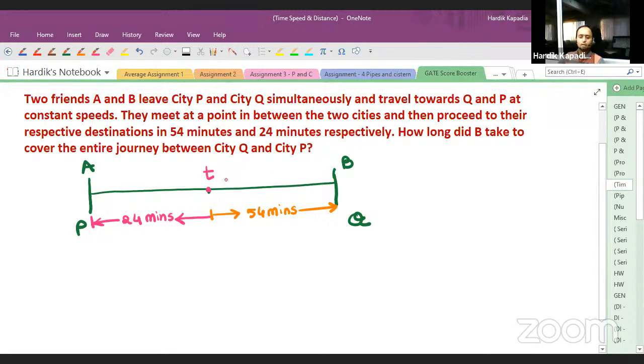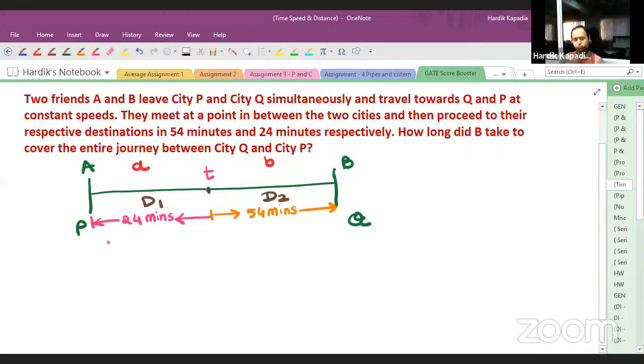After meeting each other, A is going to cover, suppose say for this, I'll say D1, I'll use another pen. This is D1 distance and this is D2 distance. So after meeting, A will cover D2 distance in 54 minutes and after meeting, B will cover D1 distance in 24 minutes. So let's say the speed of A is small a and speed of B is small b.